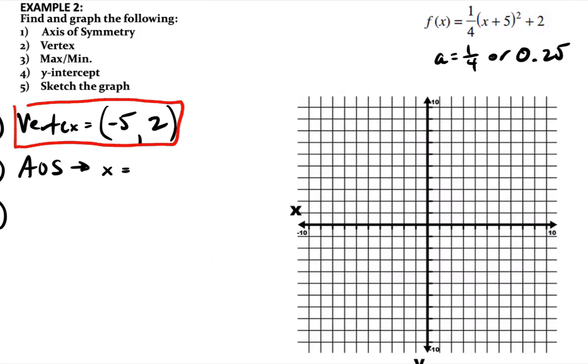Left 5, up 2. So that means my axis of symmetry is going to be x equals -5. That's where my vertical line is going to go, right through that red dot.